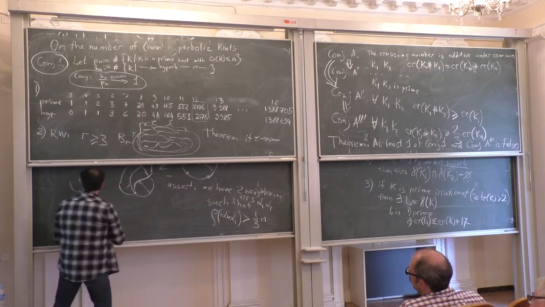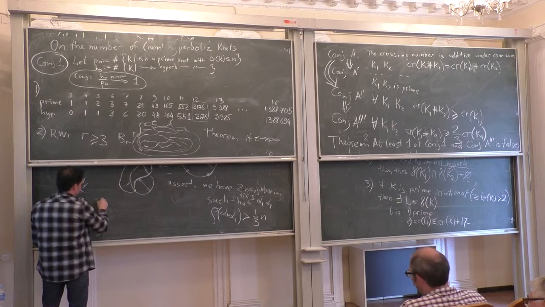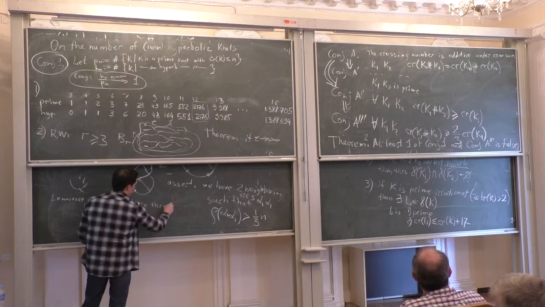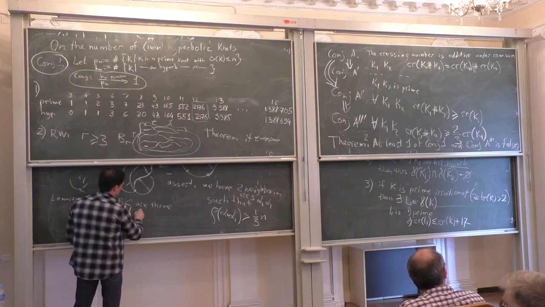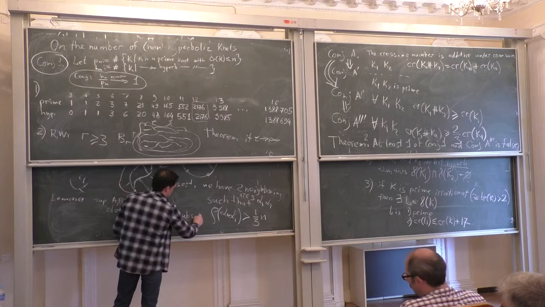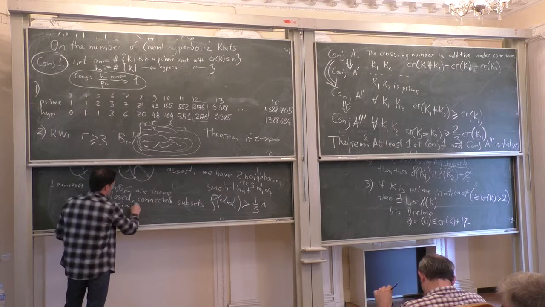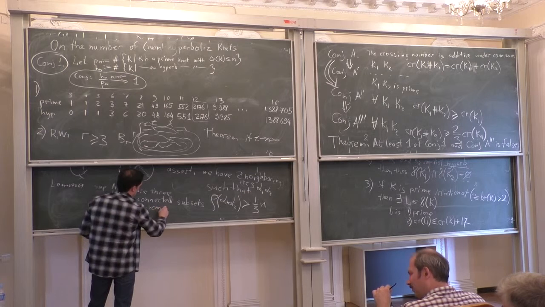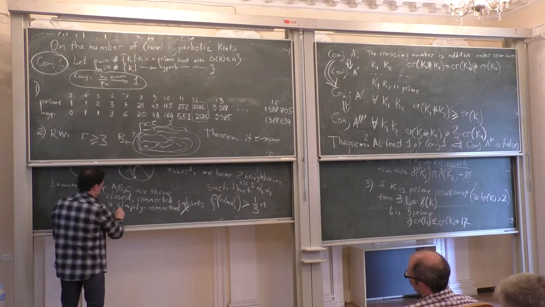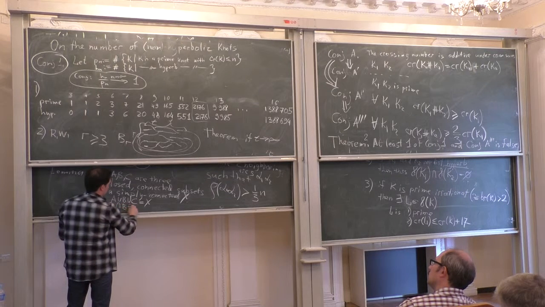The proof is a little bit tricky. We need the following lemma. Suppose that A, B, and C are three closed, connected subsets of some simply connected space X, and suppose that pairwise intersections are non-empty.